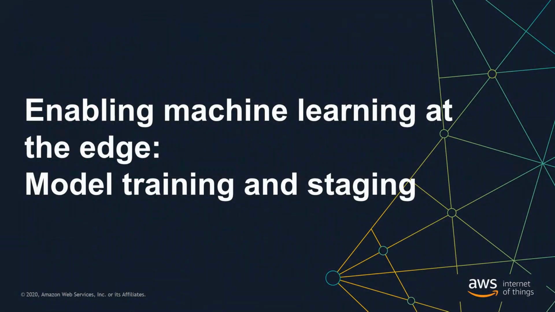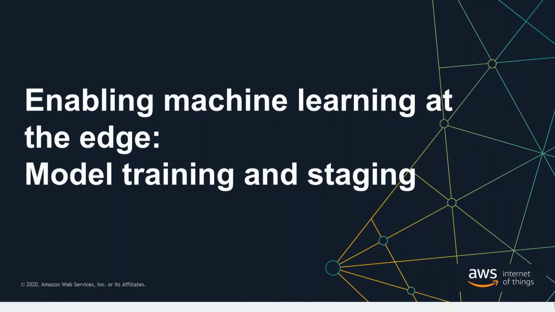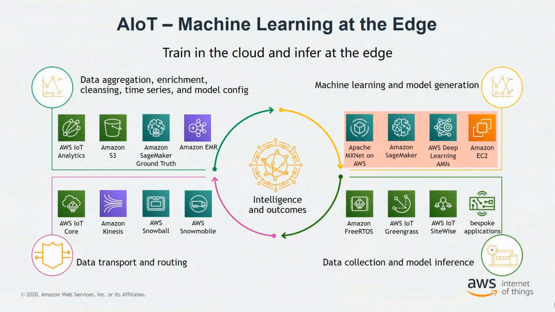So let's take a look at model training and staging at that point. We now have figured out what the data set should look like, or we have a first snapshot of it, and we can iterate between building the model and cleansing the data. But let's take a look at that next step, which is model training and then getting that model staged. And that's actually the upper right-hand corner.